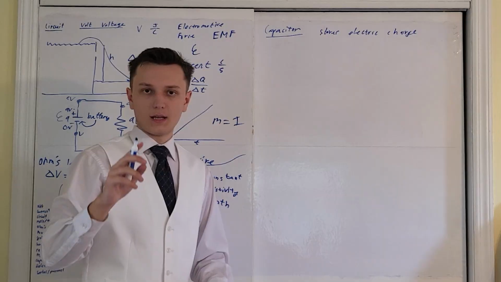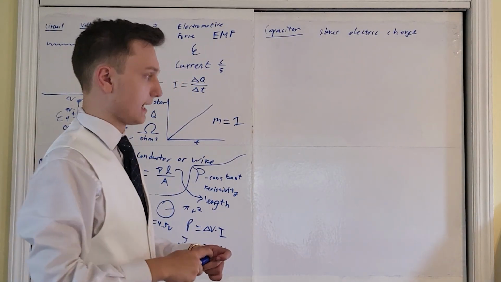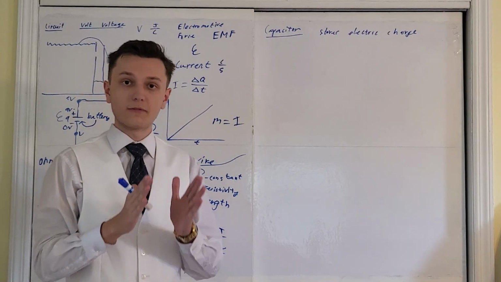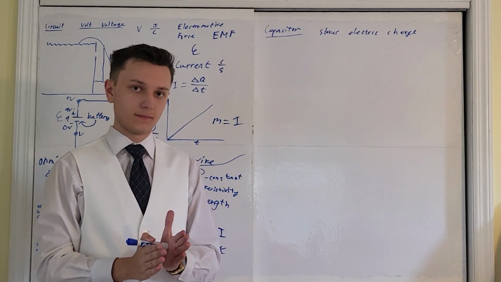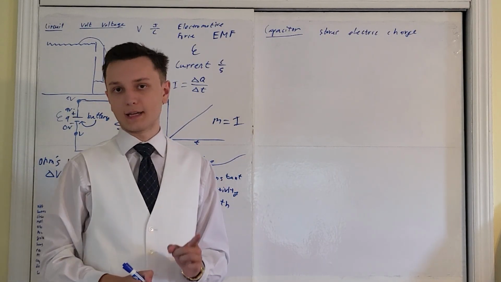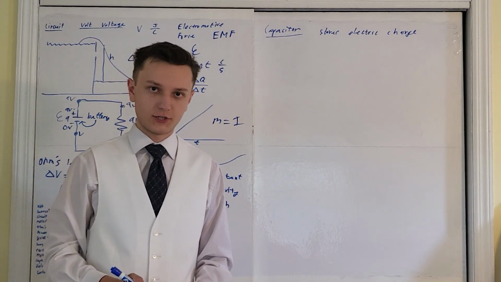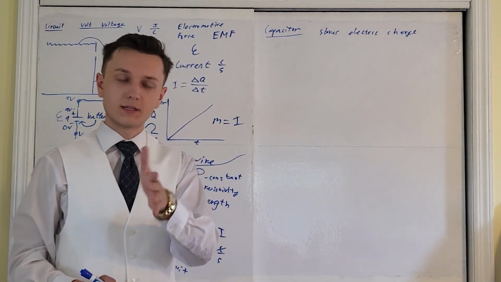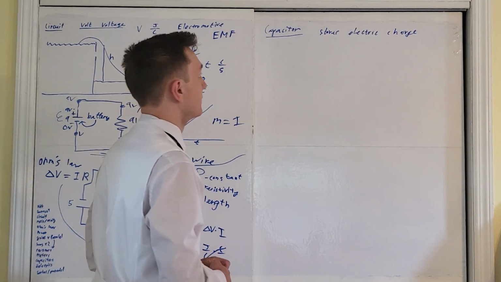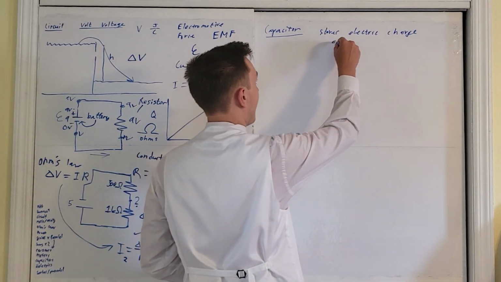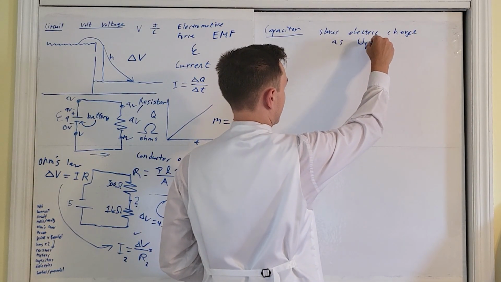No. The difference is that a capacitor stores electric charge in the form of electrical potential energy. A battery stores electric charge in the form of chemical Gibbs free energy. You don't need to know what that means because you're not studying AP chemistry. A capacitor stores electrical charge as electric potential energy.